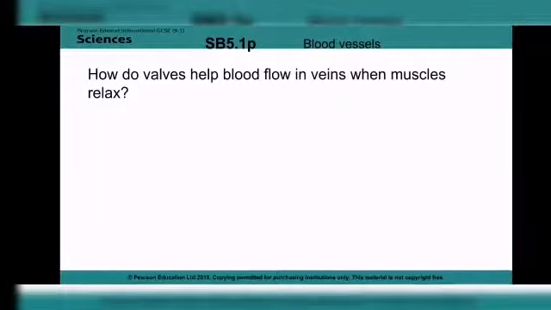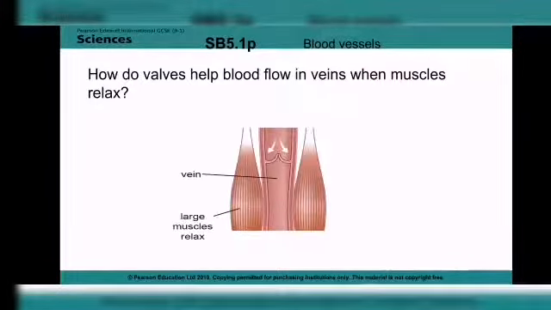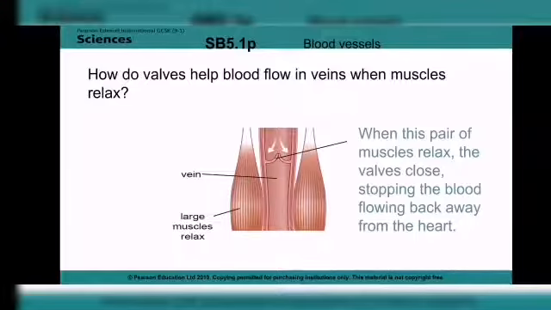How do valves help blood flow in veins when muscles relax? When this pair of muscles relax, the valves close, stopping the blood flowing back away from the heart.